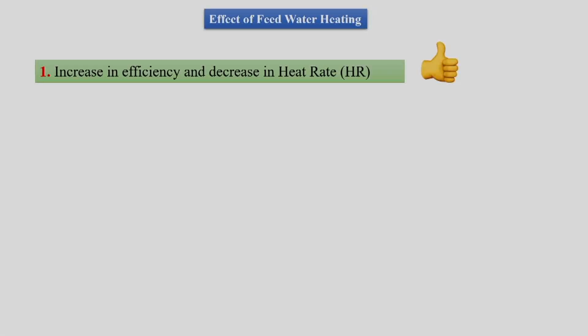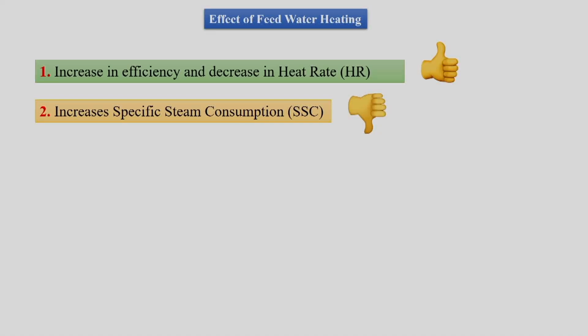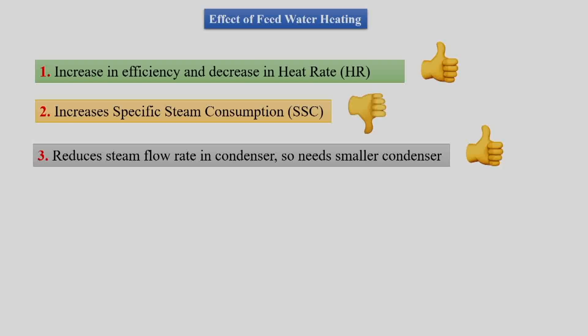So, effect of feed water heating. The primary effect of feed water heating, as we can see, since we are eliminating the economizer, is increase in efficiency and decrease in heat rate, that is obvious in case of feed water heating. Then since our turbine work is reducing, since we are taking some mass out from the turbine, we have decrease in turbine work output, so we have increase in specific steam consumption.